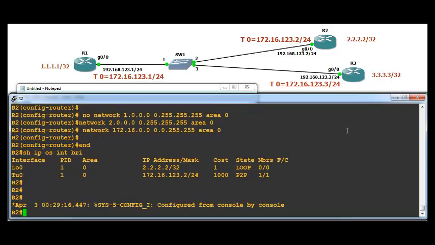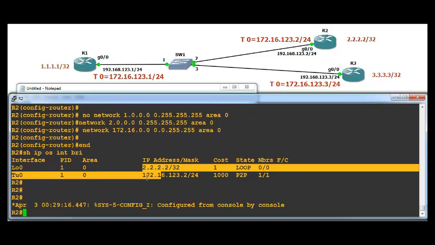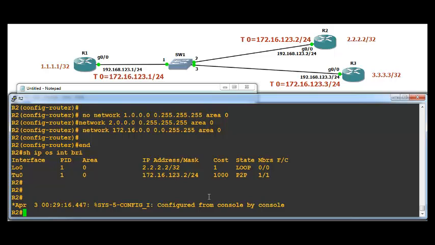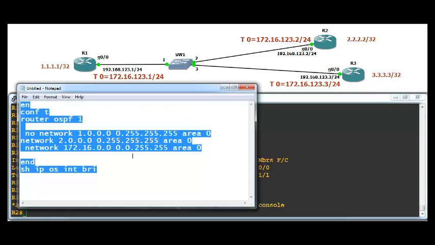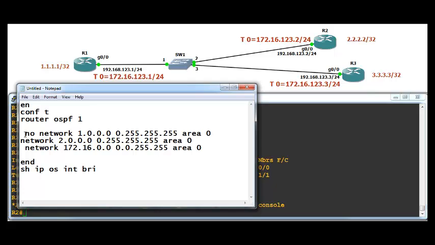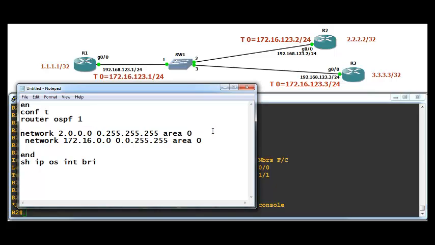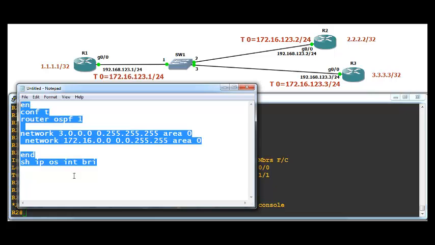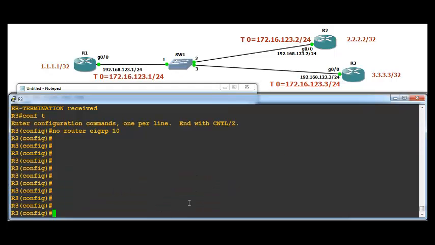You see, I'm not running OSPF on the physical interface. I run it only on these two interfaces. Next, I'll be making a similar change on router 3. So here it will be 3. Router 3.